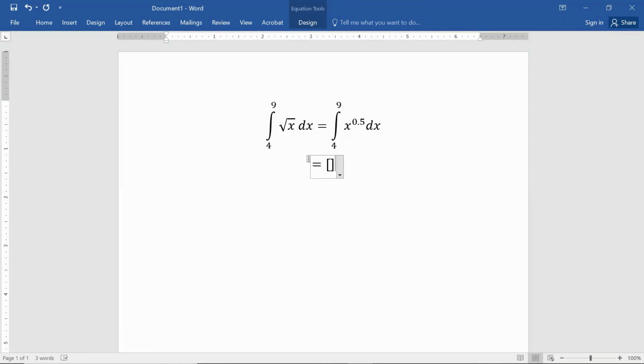And now I do the antiderivative step. The antiderivative step would say raise the exponent by 1. We get x to the 1.5 power. And then I would have had to take my coefficient and divide it by 1.5.